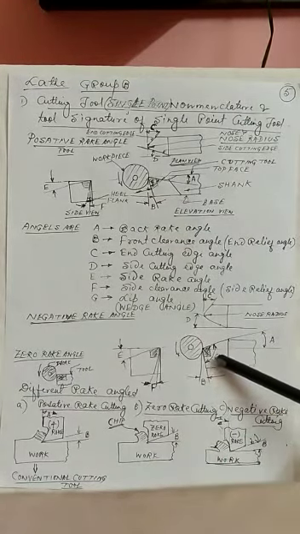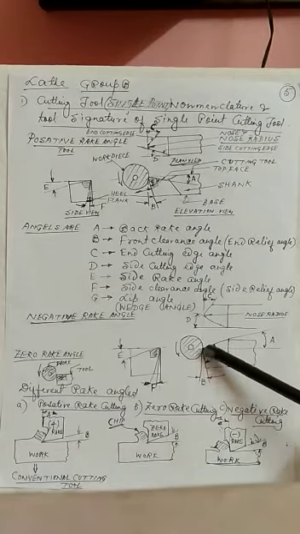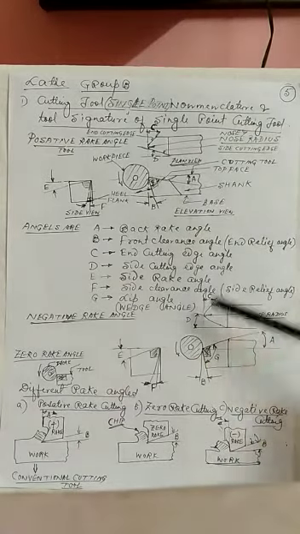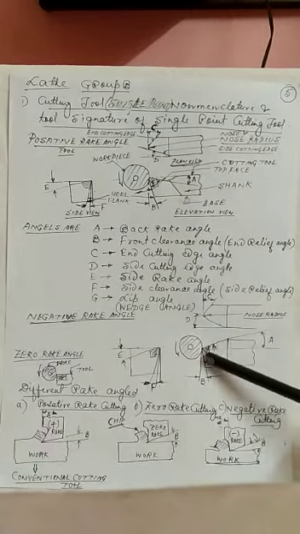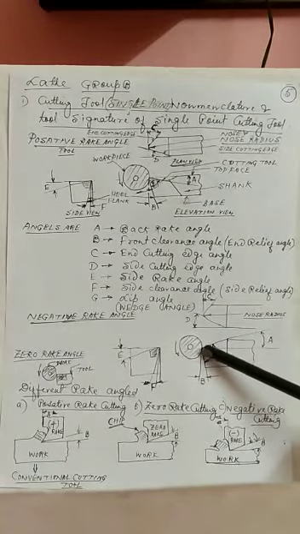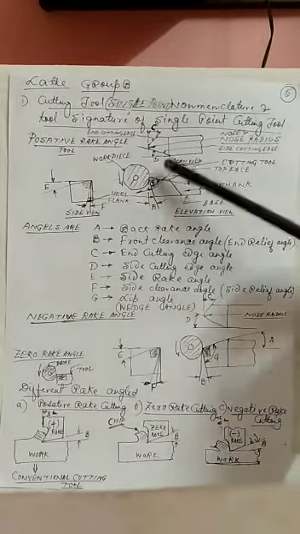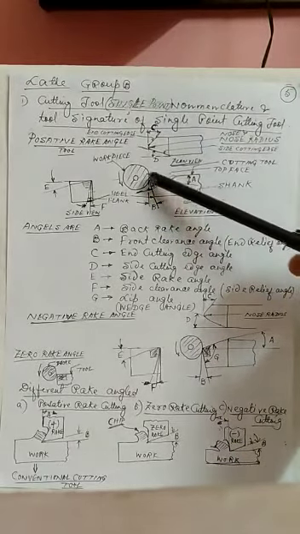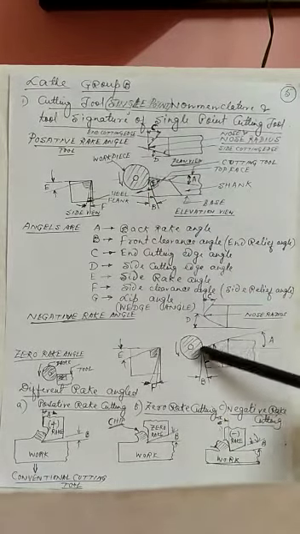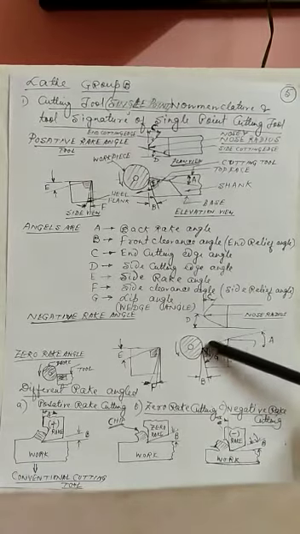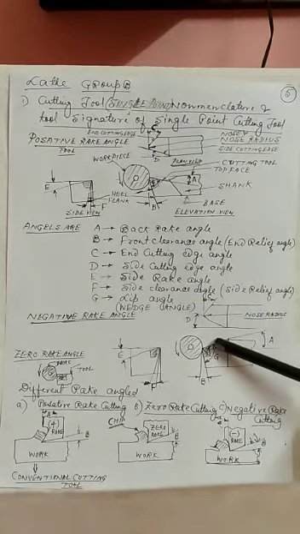Negative rake angle means the rake angle is greater than 90 degree. The tool slant is upward, whereas here the tool slants downward. So this is the back rake angle, and this rake angle is greater than 90 degree.